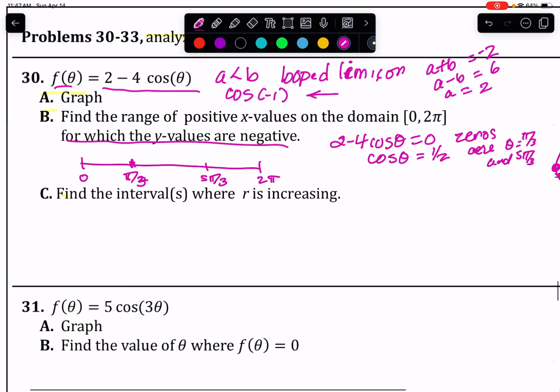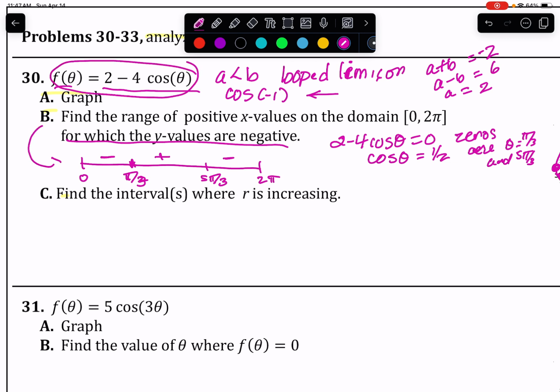And then I'm looking at my calculator, and it's below 0 here, and then above 0 here, and below 0 here. So put this actual function into your calculator, and you get the zeros as radian angles, not decimals, but then use the picture to see where it's negative and positive. That's my best advice.